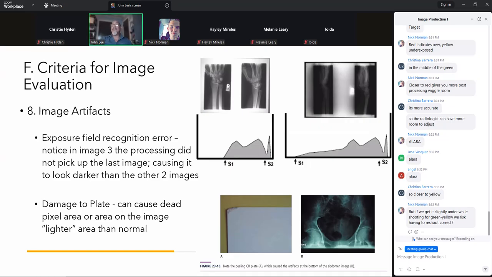Exposure field recognition errors. This is a CR artifact. When it can't identify four borders around an image, it assumes that all of the information, even the scatter that's generated, is anatomy. You can't see it here because it was properly handled; they said, oh wait, these values are much, much lower.